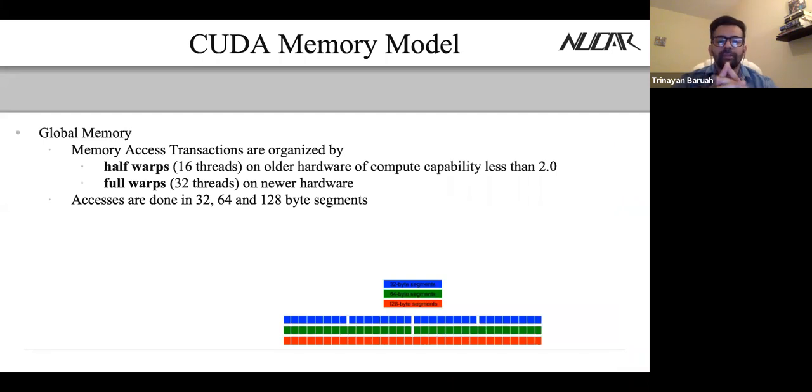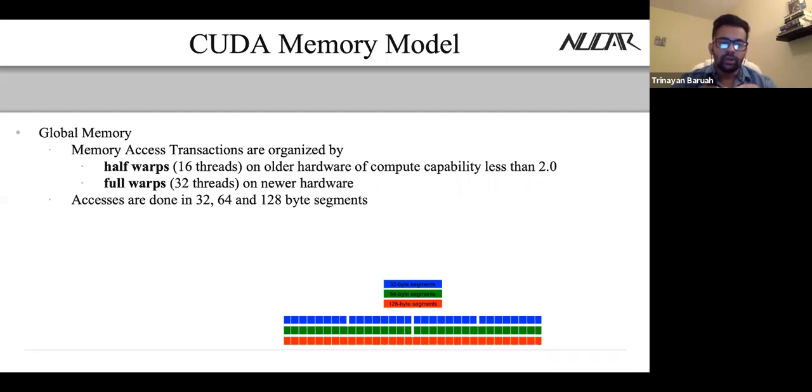The basic concept, again, revolves around how memory access transactions are organized. On NVIDIA systems, any generation of GPUs is identified by a compute capability factor. Anything less than 2.0 is Fermi and older GPUs, so we don't have to worry about that.